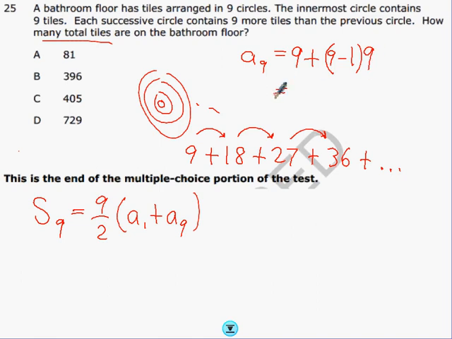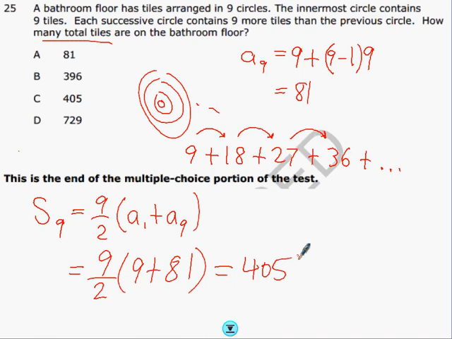So this is going to be 9 plus 72. 81 is the last. Okay, so 9 over 2 times 9 plus 81. 45 times 9, 360, 405. You might have done that faster if you had just plugged in the first 9. In any case, we are done.